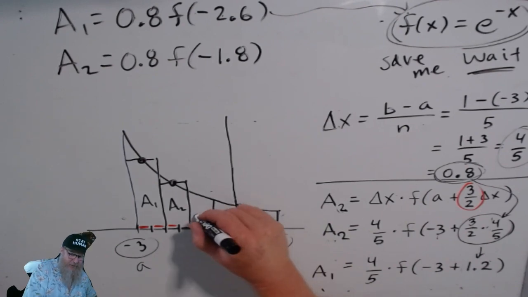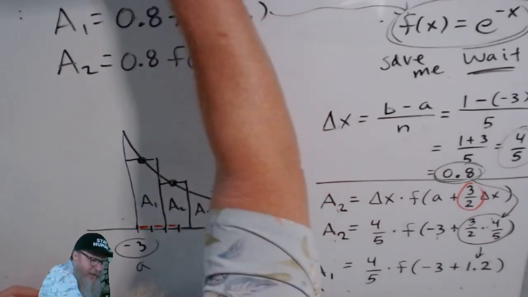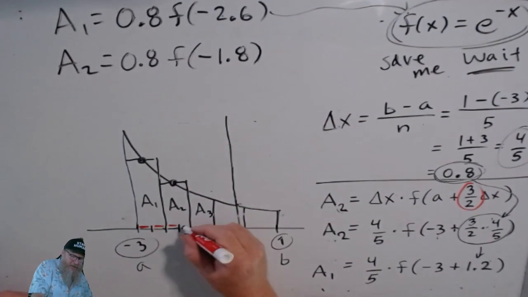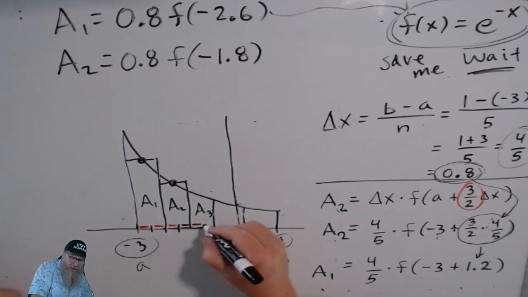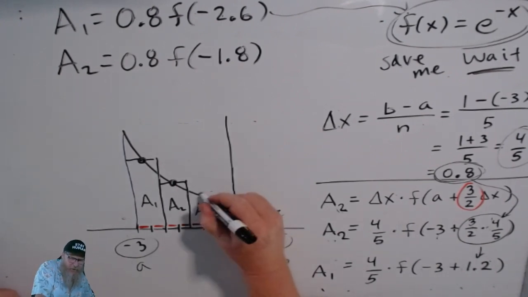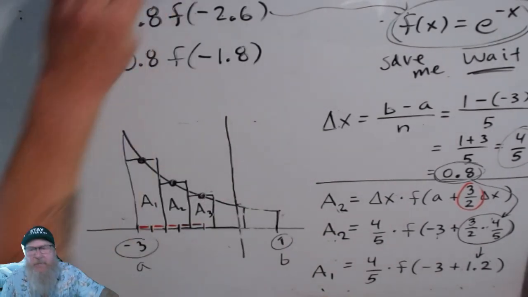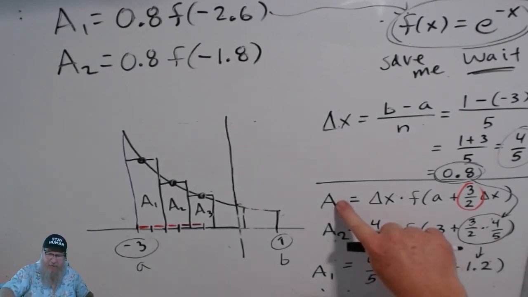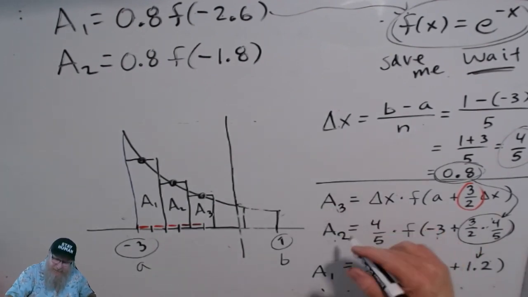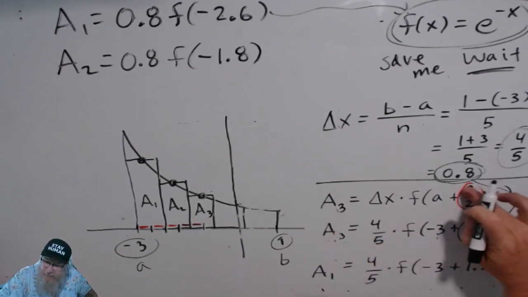All right, next one, A3. So again, you're essentially adding 2 halves to each interval in order to get to the midpoint to find the roof of that rectangle. So A3, I'm intentionally reproducing it each time using the same recipe.